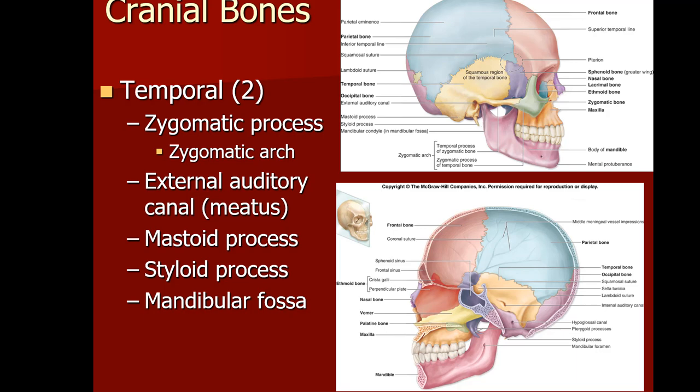Then we have a mandibular fossa. You can't really see it greatly here, but it's this little indentation right here where your mandible fits in. So mandibular fossa.